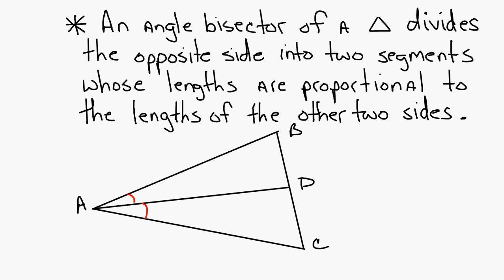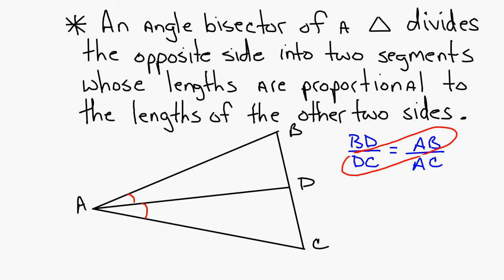The theorem says that BD over DC is equal to AB over AC. Now remember, it's a proportion, and you can switch these two, right? You have flexibility within a proportion.